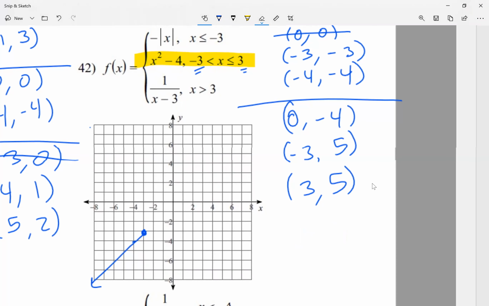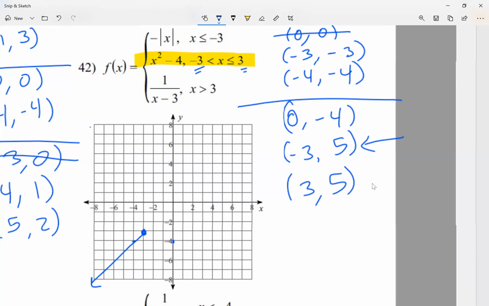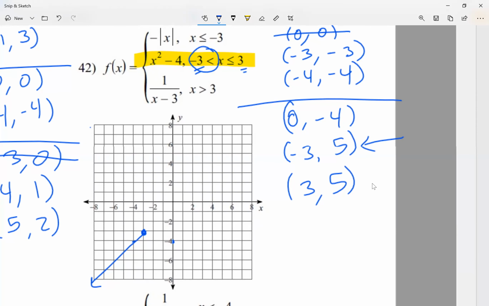I can choose the x values from negative 3 to positive 3. The vertex is 0. The x value is 0. Yeah, that is part of my point here. So let's see. My vertex is just a point. 0, negative 4 is just a point. My first point, negative 3, 5, is an open circle. And I know that based on the inequality sign.